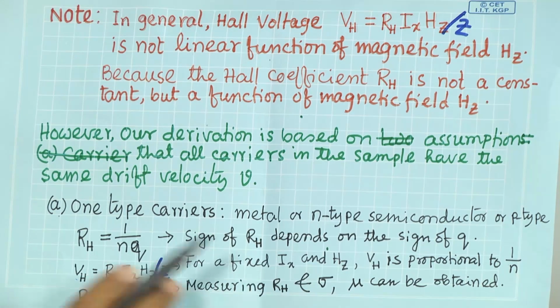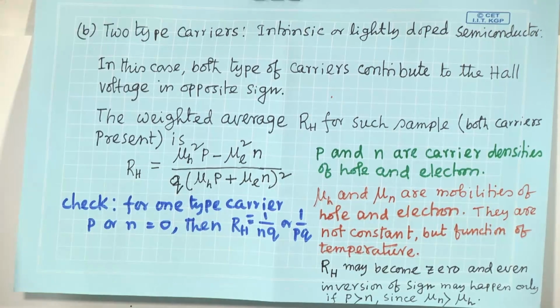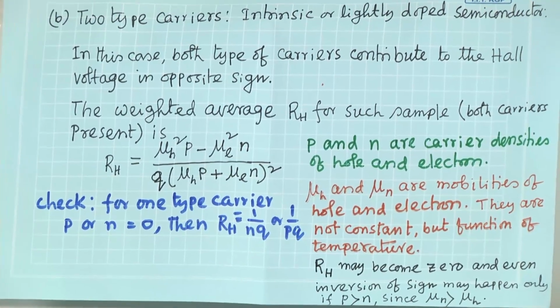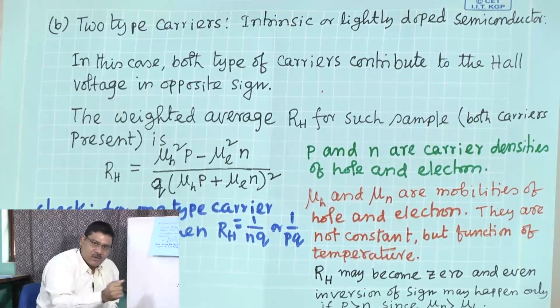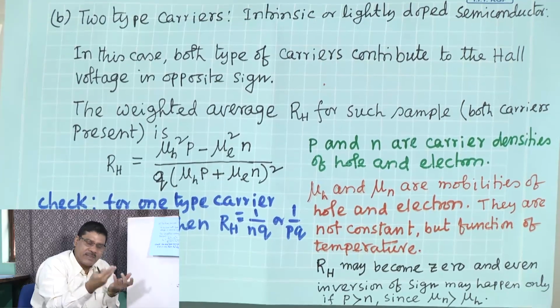And if you measure RH along with the conductivity or resistivity of that sample, then you can find out the mobility mu. In this case, holes will contribute in the Hall voltage, as well as electrons also will contribute in the Hall voltage.